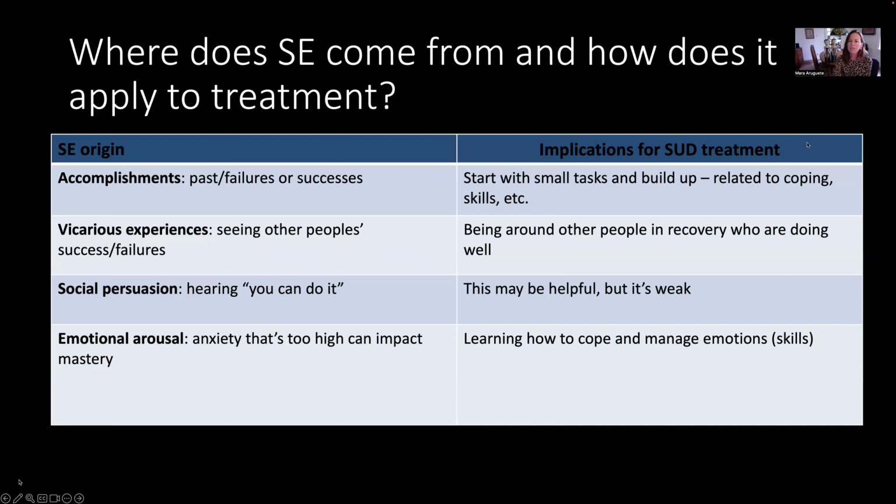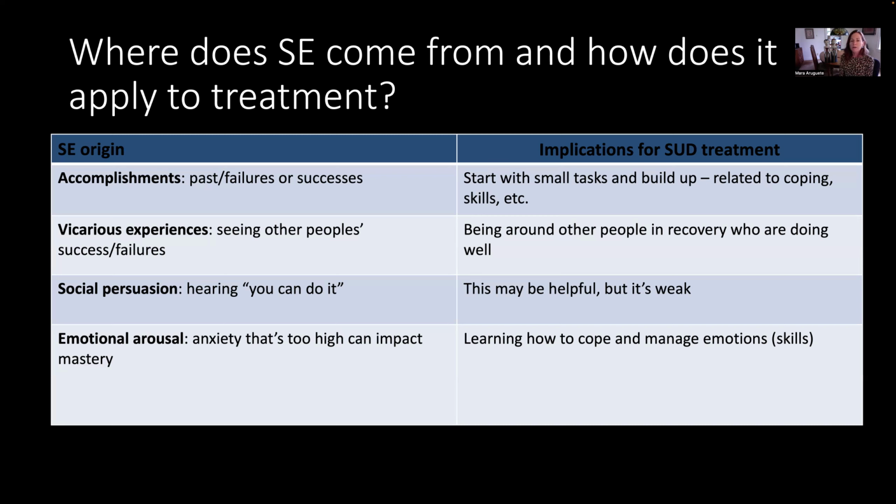Okay, so let's look at the implications for treatment of substance use disorder. If we want to increase self-efficacy, we've got to do certain things to do so. We'll talk about how increasing self-efficacy is actually good treatment for substance use disorder.